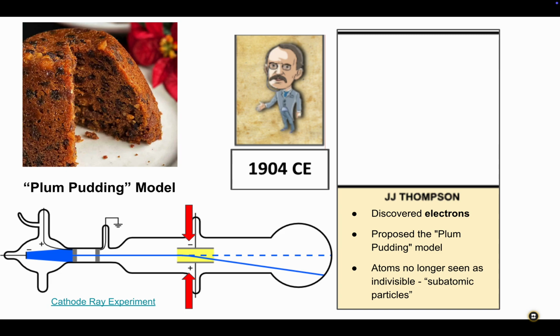Basically what he's saying is that Dalton's atomic model was incorrect, that atoms no longer are seen as being indivisible. In other words, it can be divided into even smaller particles, and he called those subatomic particles, and specifically electrons.